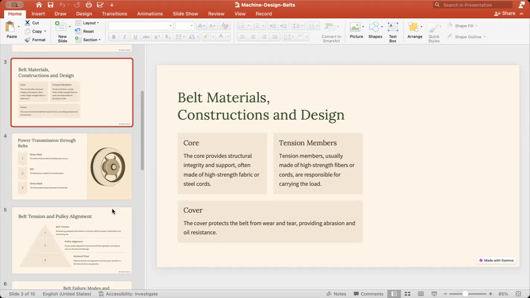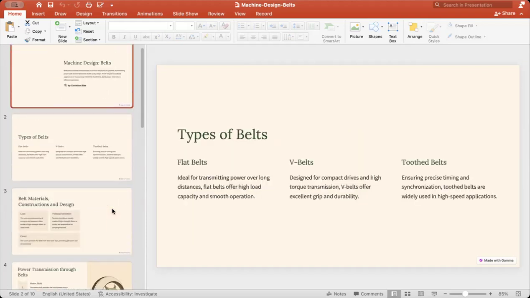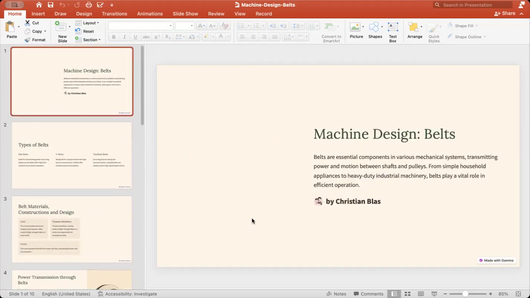In calculating the V belt, you need to know the size of the belt, the standard size of the sheaves, the length of the belt, its specification, and how many belts should be used. These are all for machine design.